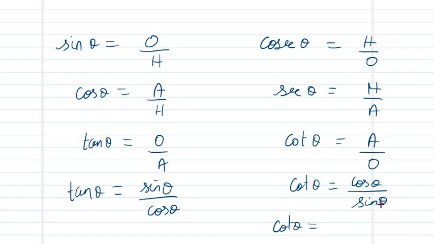So 1 by sin theta, which is cosecant theta, in the numerator, by cos theta, taking its reciprocal to the denominator, which is secant theta. So cot theta is equal to cosecant theta by secant theta. So these are the 6 different trigonometric ratios, and some relations I have just given between the ratios themselves.